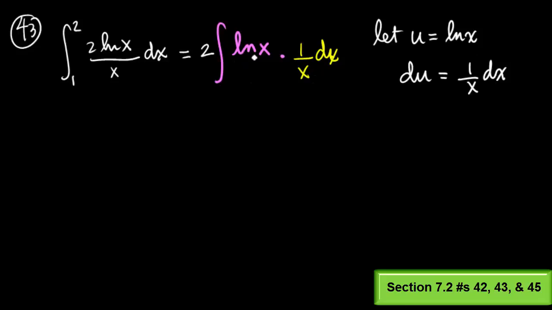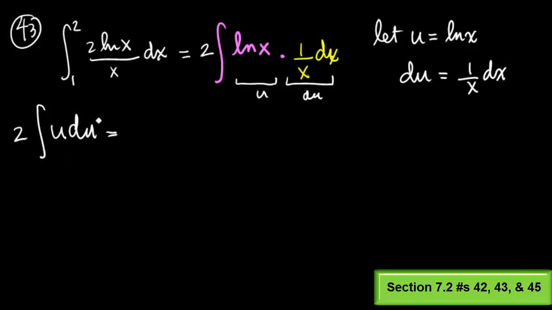So that you can recognize that what we've got so far is 2 times the integral of, what's your natural log? That's your u, so you just put u. And what's du? 1 over x dx. So this is your u, and that whole thing is your du. And that's just the power rule, so it's 2 u squared over 2.